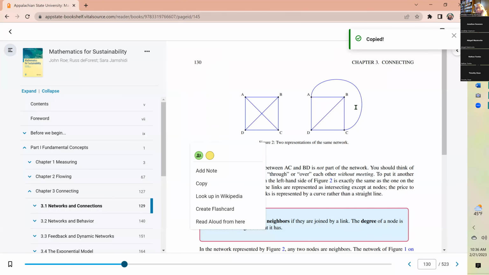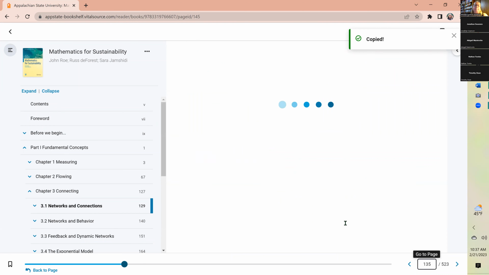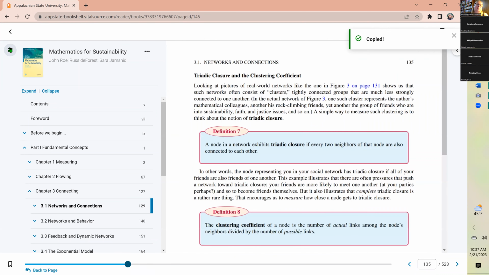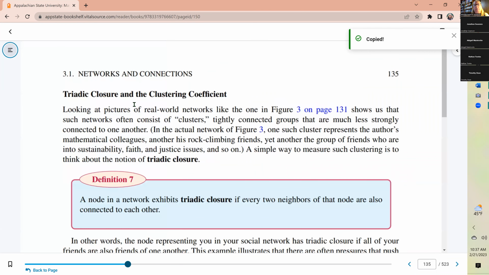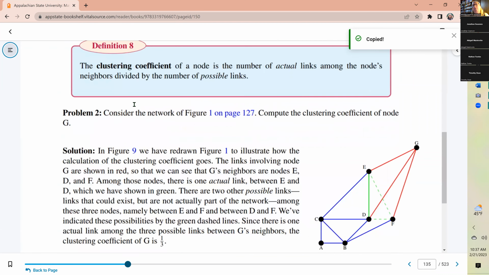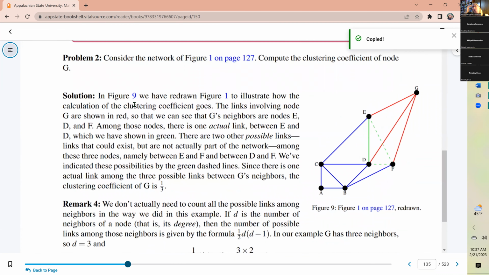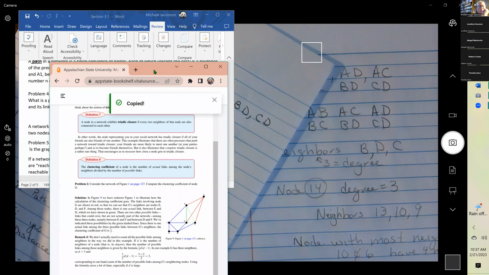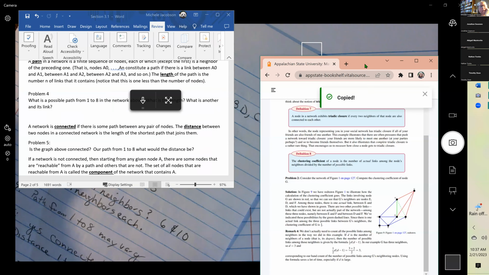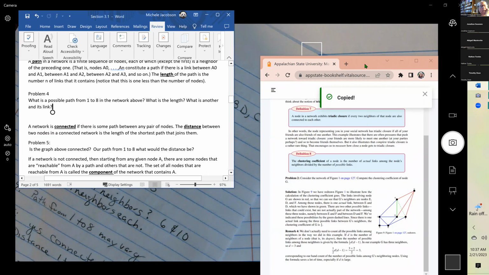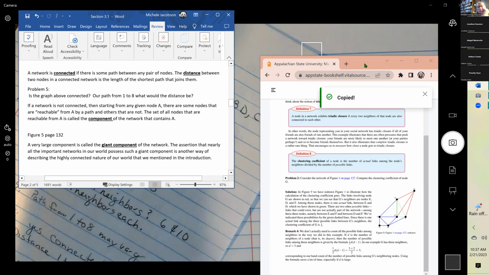Sometimes technology is not my friend. Okay, so here it is. Wait, it said figure 5, didn't it? Figure 5, oh, 132.